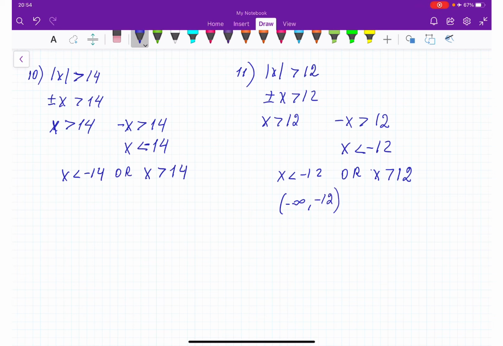Or x is greater than 12, so it's going to be 12 and comma positive infinity. Since positive infinity is greater than 12, first we put the small number and then we put the bigger number. And for the or we're going to represent it with this sign between these two. Okay?